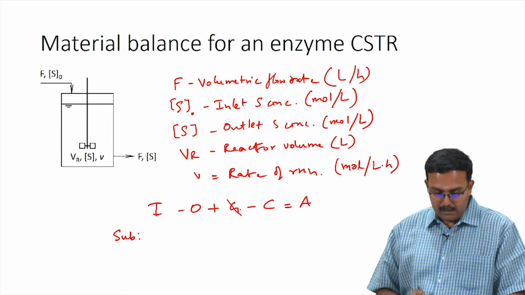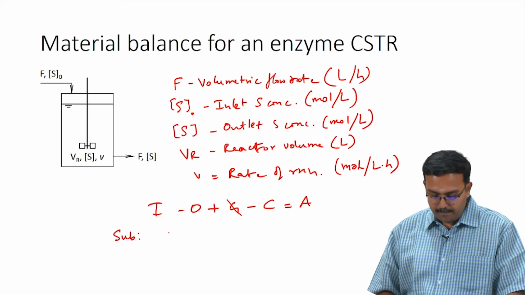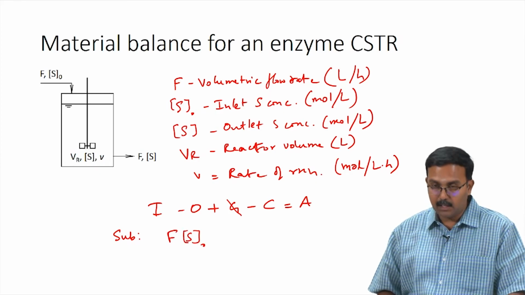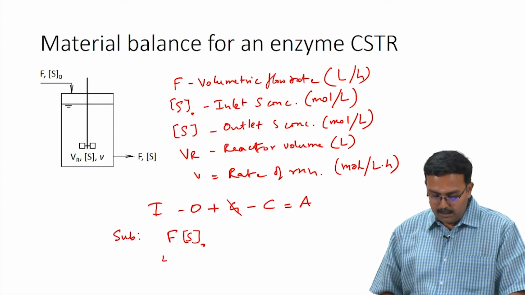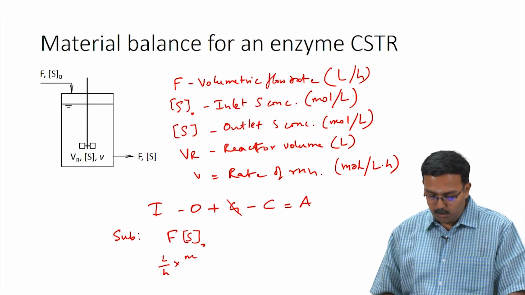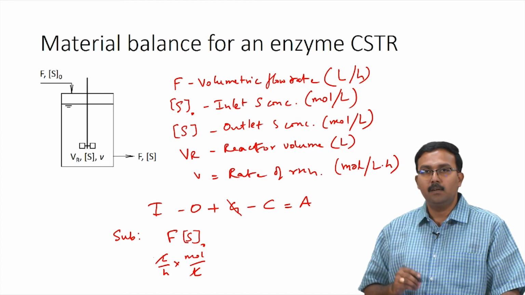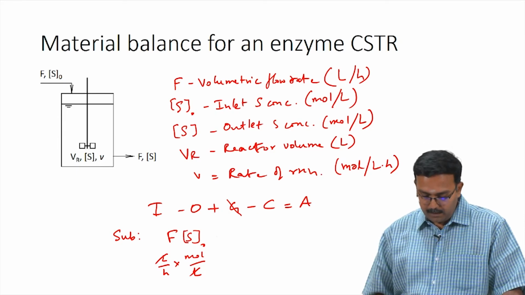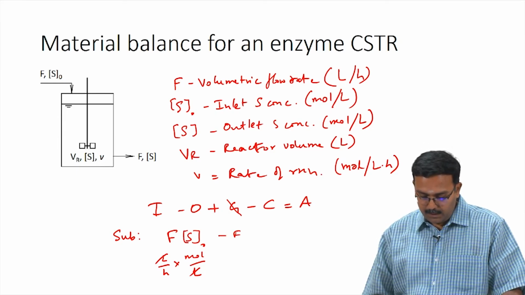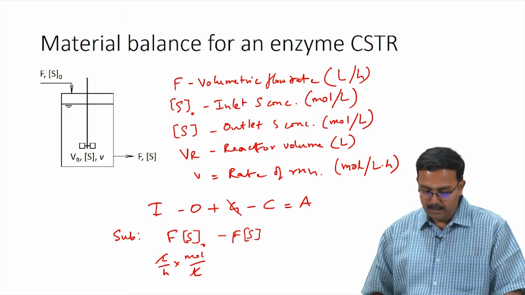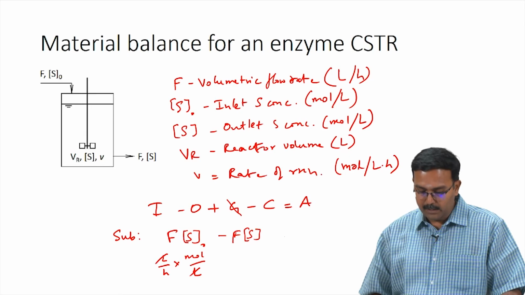The input would be F times S naught. This gives us units of liters per hour times moles per liter, giving us moles per hour. So, the balance equation we are writing is in moles per hour: F times S naught minus F times S, which is the substrate concentration in the outlet stream, and these two will have the same units.